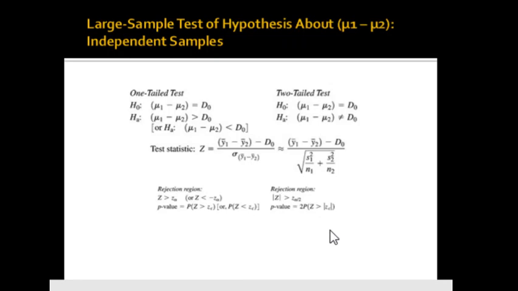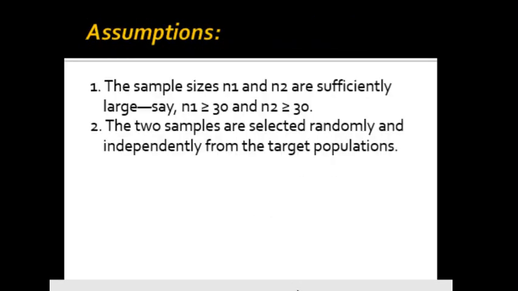The decision and conclusion stay the same as before: we compare the p-value with alpha, the significance level. If the p-value is less than alpha, we reject the null. If the p-value is greater than alpha, we fail to reject the null hypothesis.